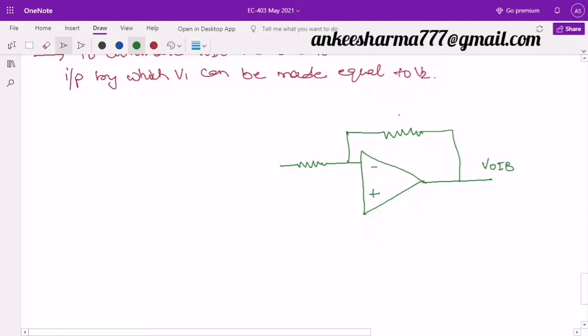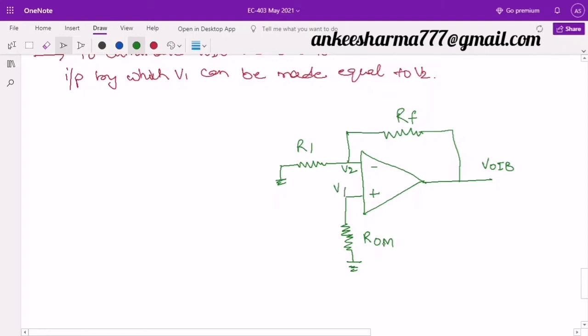This is my feedback resistor RF. This is R1. This is grounded. This is V2. Now here we are going to have one more resistor. I don't know right now what should be the value, so I will write here R1, and this is value V1.